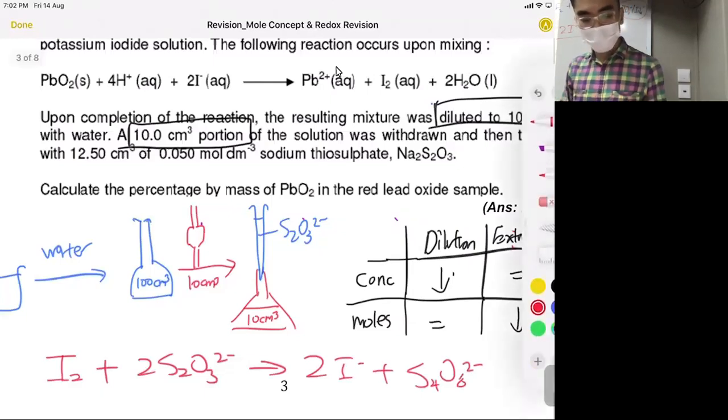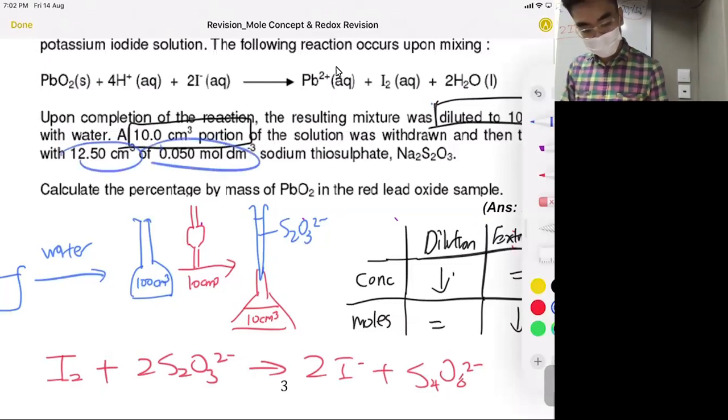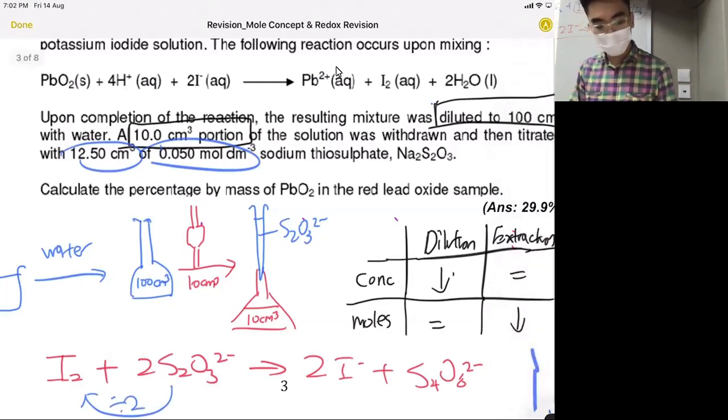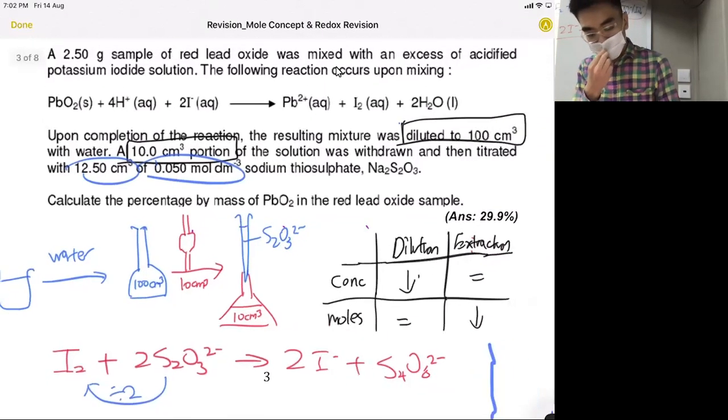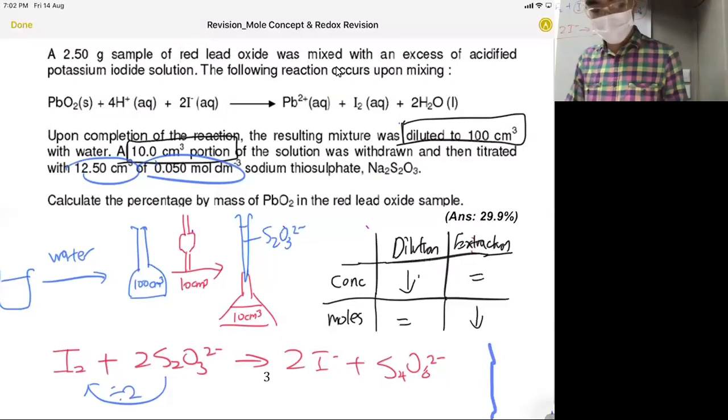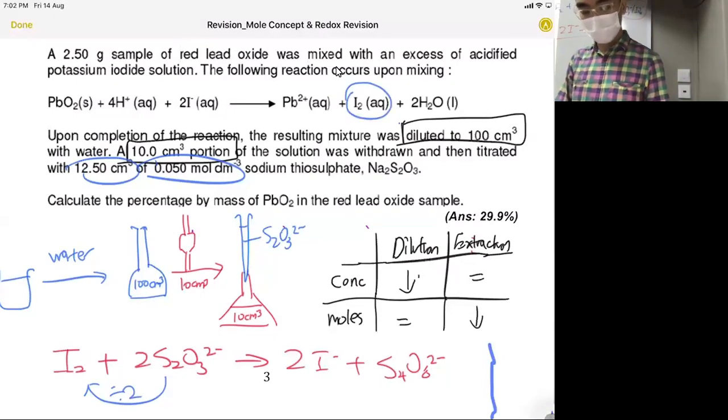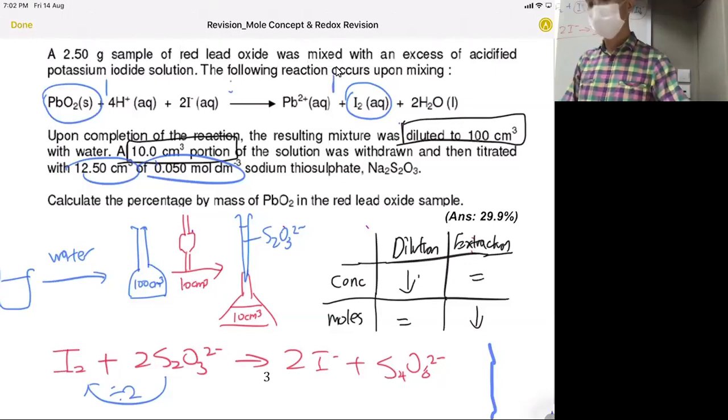So if you know your thiosulfate, you can solve for the I2. You can divide by 2 to solve for the I2. Then of course you should find the original amount through the dilution extraction. Because this I2 you know, if you know the I2, you know the mole ratio of PbO2. Easy one, this one. 1:1.